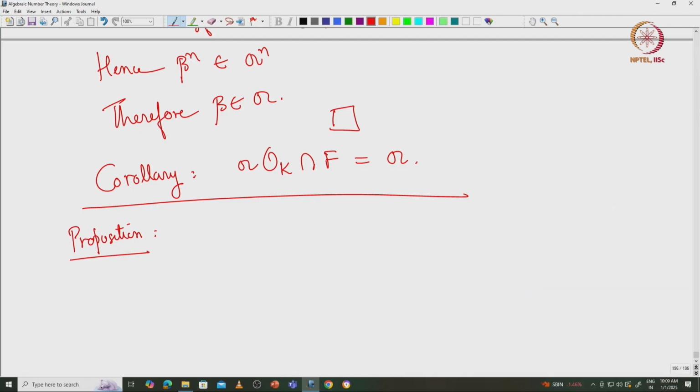Okay, so before doing that we need a bit of notation. So here is a bit of notation.